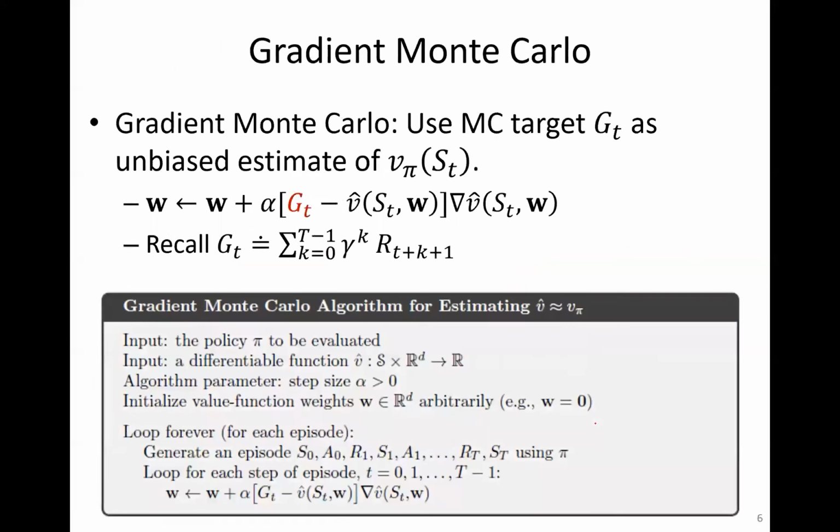So for gradient Monte Carlo, you simply use the Monte Carlo target G, that's the return, as an unbiased estimate of the v pi.